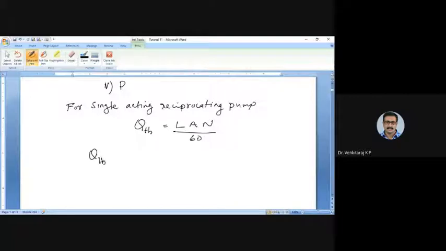Q theoretical equal to stroke length, it is 500 millimeter, so 500 into 10 to the power minus 3, into area pi by 4 into diameter 220 into 10 to the power minus 3 meter square, into RPM 60 divided by 60.